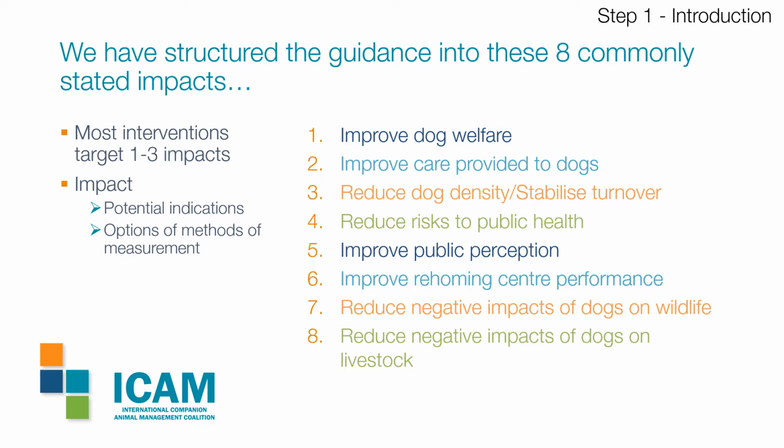For each impact, we provide guidance on indicators that could be used to measure if that impact was indeed occurring. Now, most interventions target just 1 to 3 impacts. Let's take the first impact here of improving dog welfare and work through an example of the indicators and methods of measurement provided.